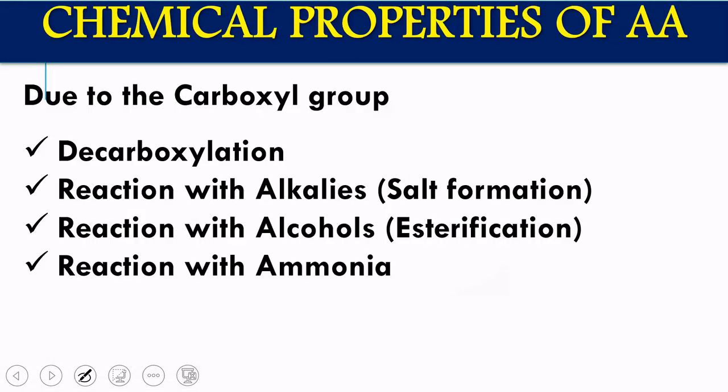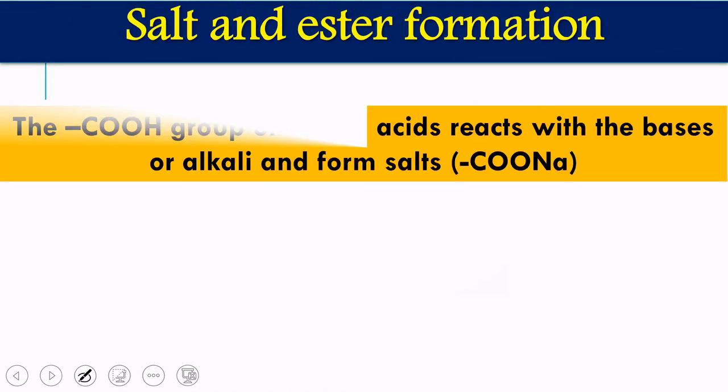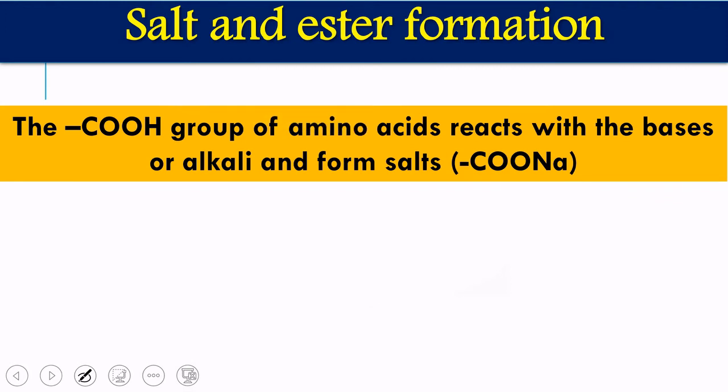Now come to the chemical properties of amino acids. The first reactions are because of the carboxyl group. The first is salt and ester formation. Because it is an acid group, whenever it reacts with a base or alkali, it will give us salts.